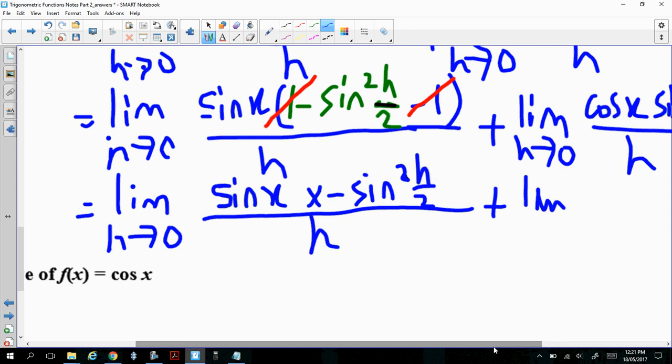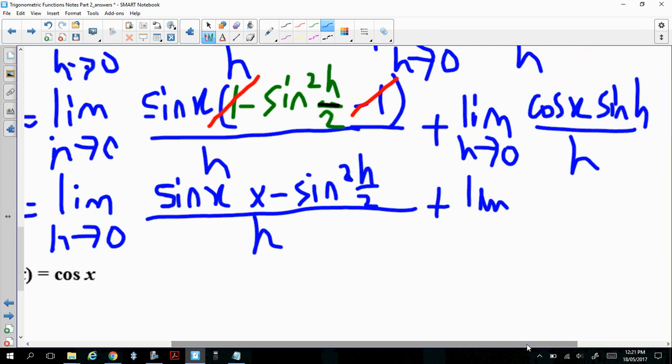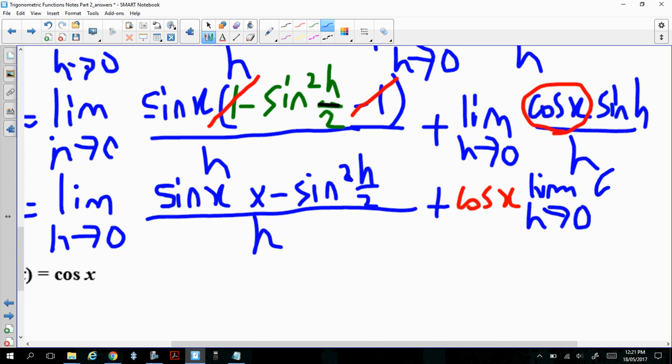The cos x is not dependent on h, so I could write it on the outside and write the limit as h approaches 0 of sine h over h.